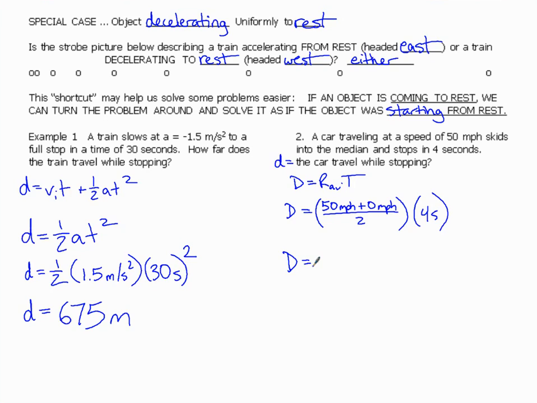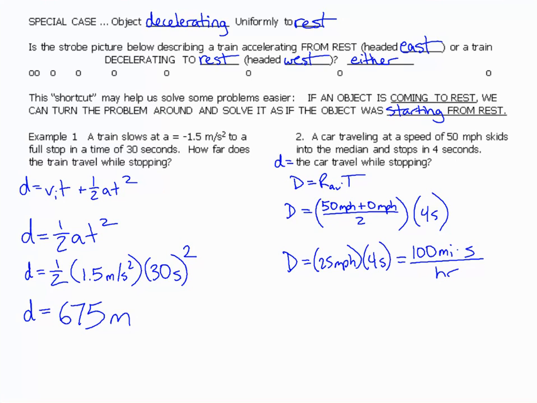So the distance, we have our average rate, which would be 25 miles per hour, and a time of 4 seconds, which would be 100 miles per hour times seconds.